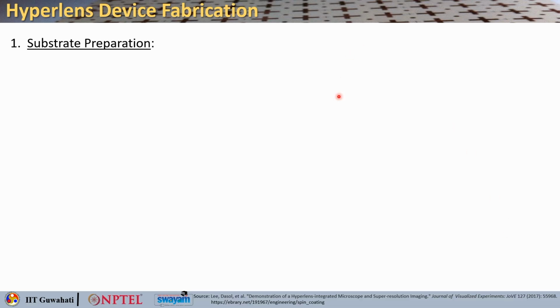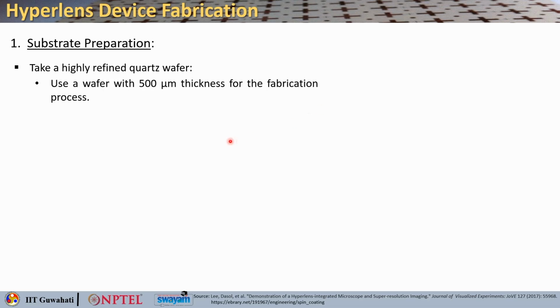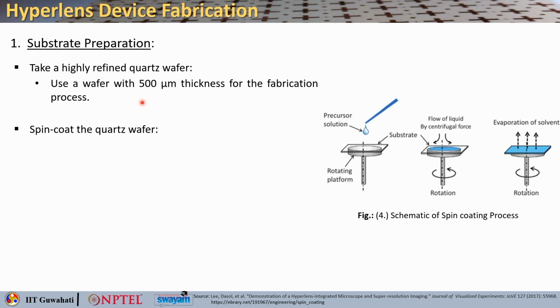So, if you go to the details of each of these processes, the first thing starts with substrate preparation, as you have seen already. First you need to take a highly refined quartz wafer. You use a wafer with 500 micron thickness for this fabrication process, and then you spin coat the wafer. This is basically a rotating platform on top of which the substrate is put.